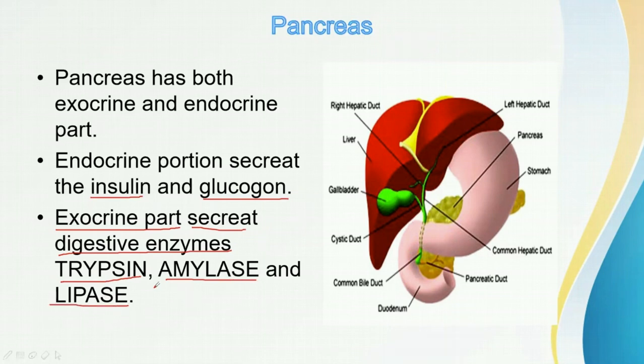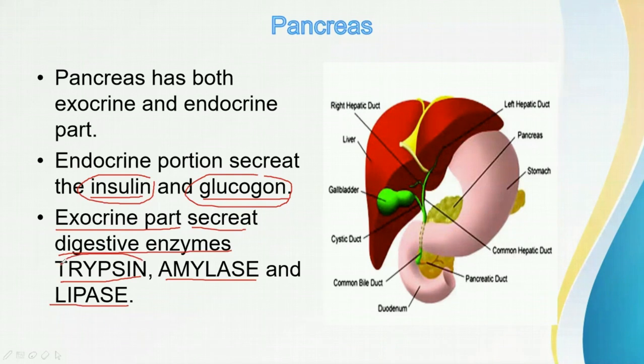So the pancreas secretes two hormones. Those hormones are insulin, and the second one is glucagon. And the pancreas also secretes digestive enzymes.